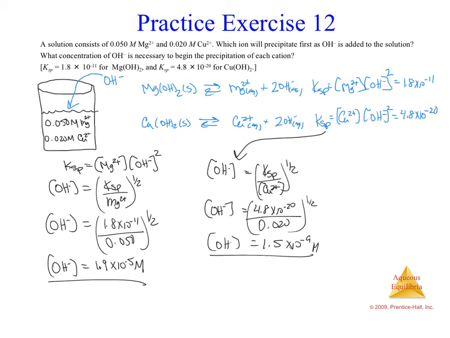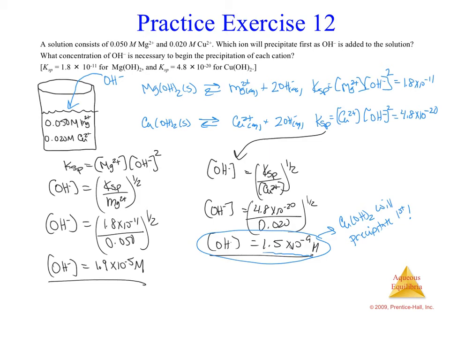So what that means is, because this number is smaller, copper 2 hydroxide will precipitate first, because less hydroxide can be dissolved aqueous.